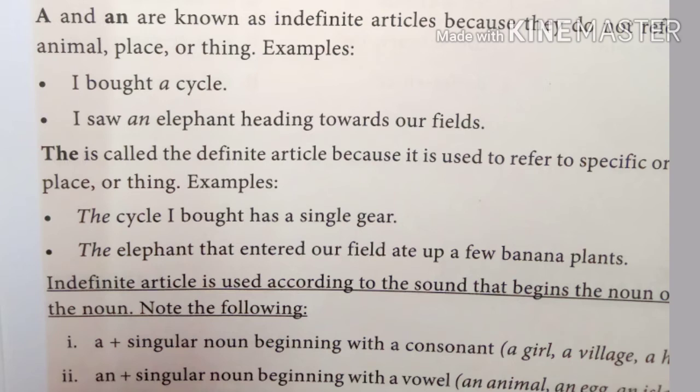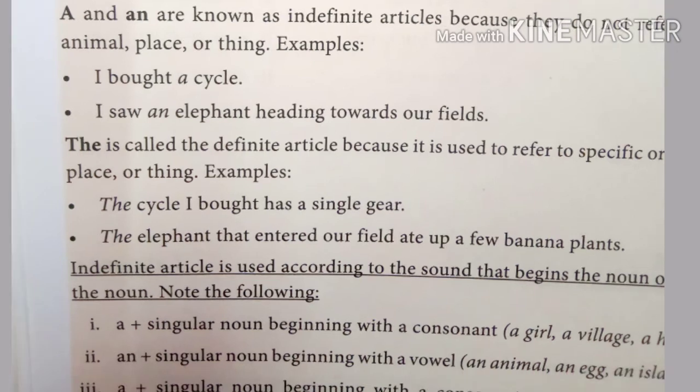The is called the definite article because it is used to refer to a specific or particular person, animal, place or thing. Examples: the cycle I bought has a single gear. So here the cycle is very special. It is a particular cycle, so I have used the cycle here.